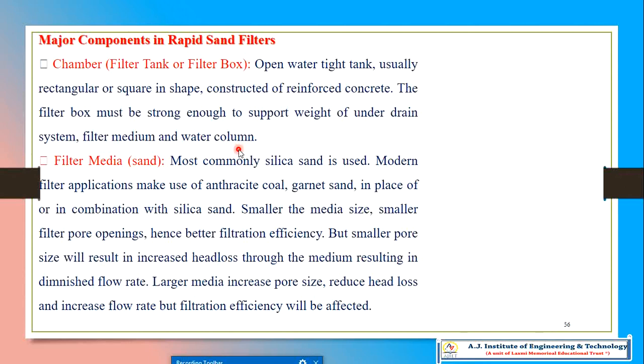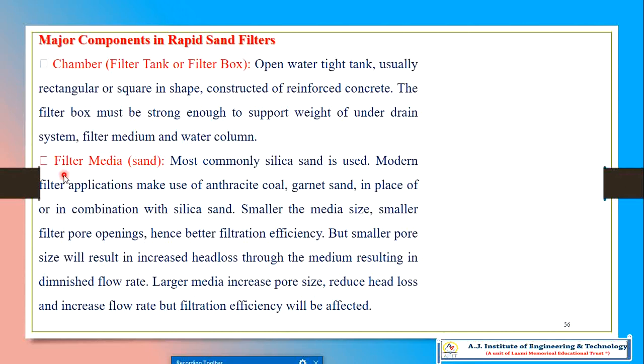Here it must be a watertight tank that may be constructed using RCC or concrete structure, strong enough to support the weight of the under drainage system, filter media, that is sand, gravel, anthracite, as well as the water column, the total water. So this is about the chamber and its resisting capacity.